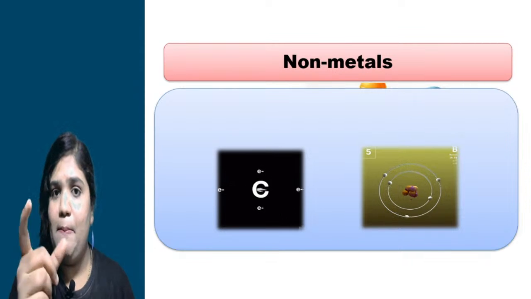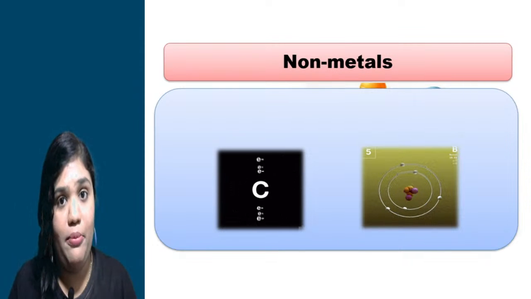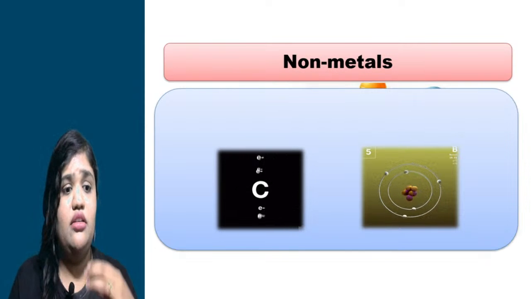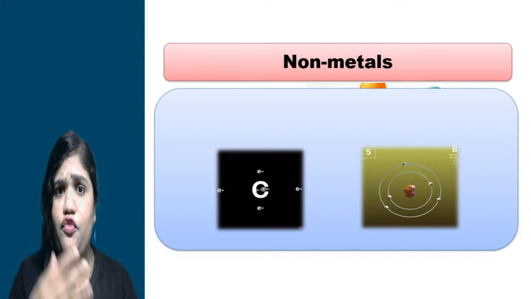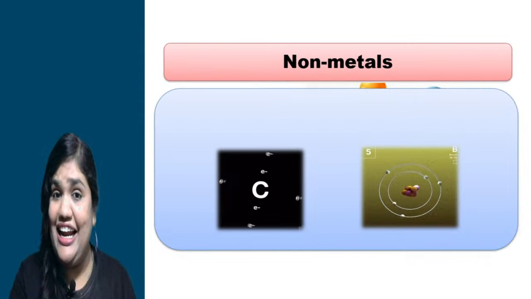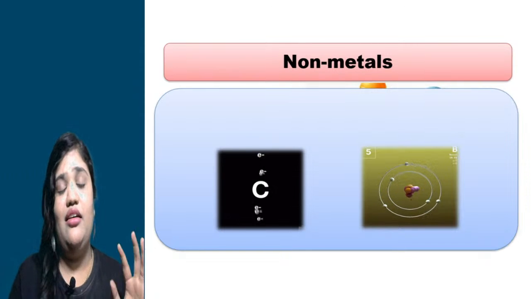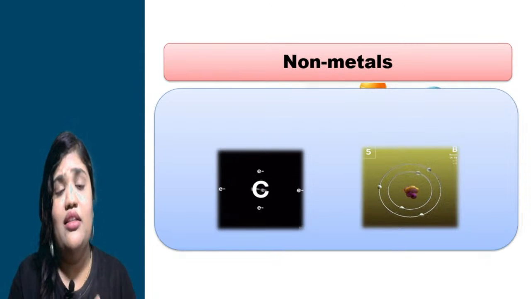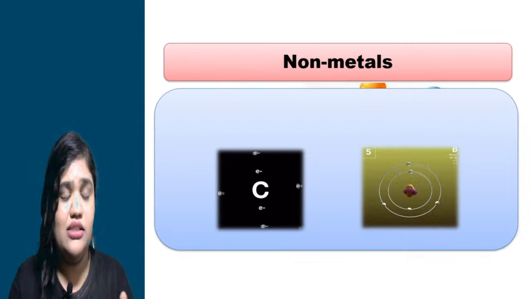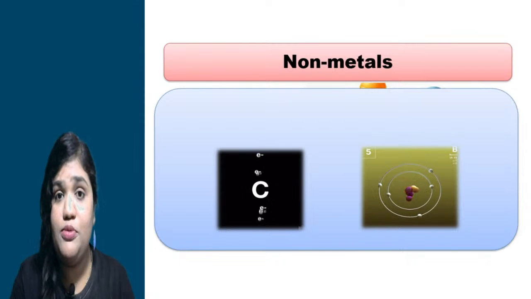So yes, this is the basic information regarding non-metals. Generally, students, in their outermost orbit, they contain a number of electrons like 4, 5, 6, 7. Why? Because they have to accept electrons, right? In this case only you can observe this, right?